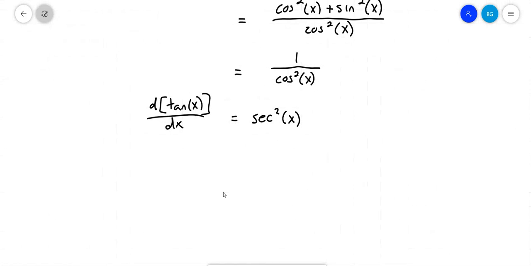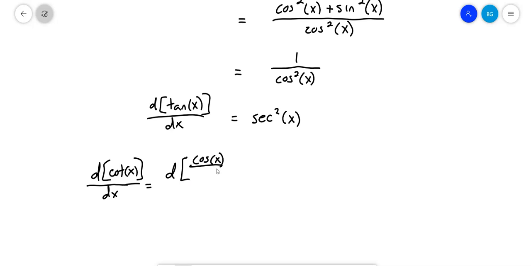And in fact, we can do all of the remaining trig functions using quotient rules. So let's do the derivative of cotangent with respect to x. The derivative of cotangent would be the same thing as the derivative of cosine over sine. And again, we can just use our quotient rule to work out what the derivative should be.